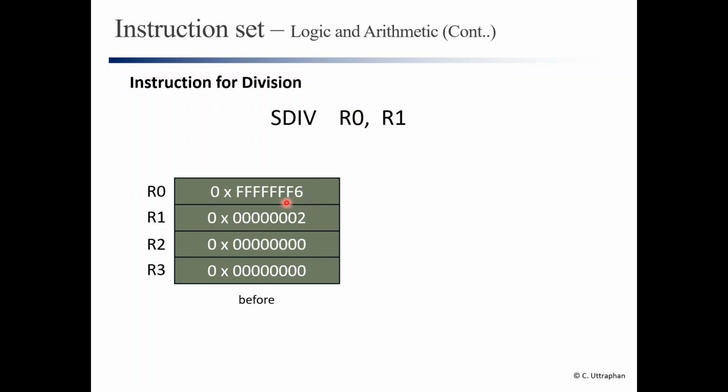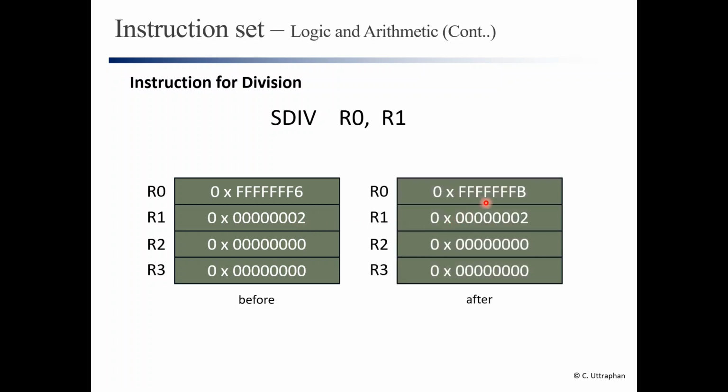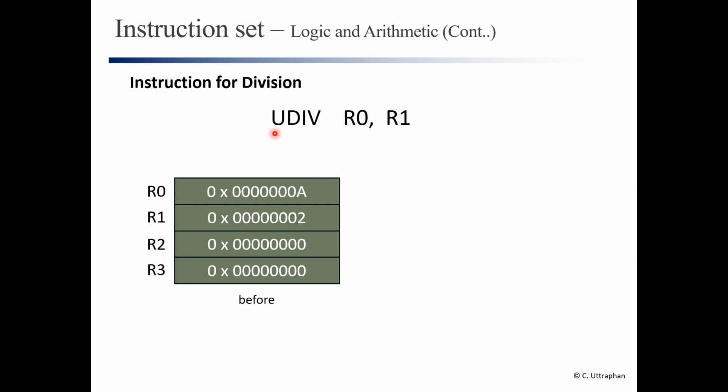Assume that R0 initially contains this hex value, which is equivalent to -10, and R1 initially contains hex 2. After the microprocessor executes the instruction, we will get this in R0, which is equivalent to -5. -10 divided by 2, the result is -5. This is the example for UDIV, divide unsigned.